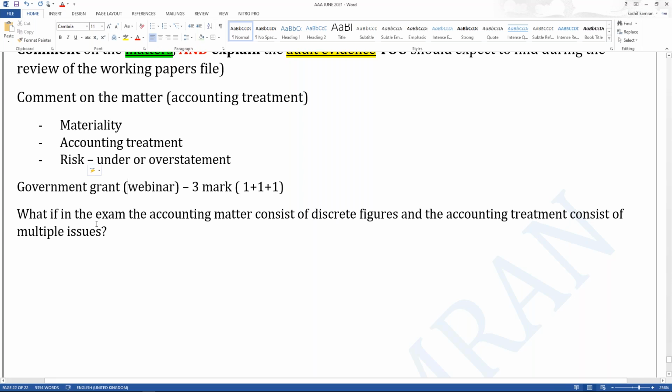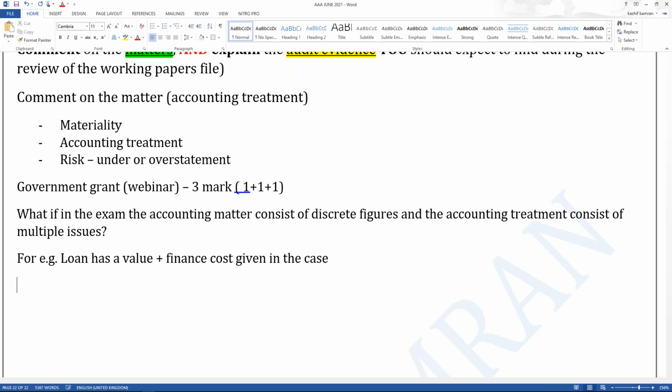What if in the exam the accounting matter has different figures? For example, in the paper you get something about a loan, and the loan has a value. But along with the loan having a value, there is also the value of the finance cost given in the case.